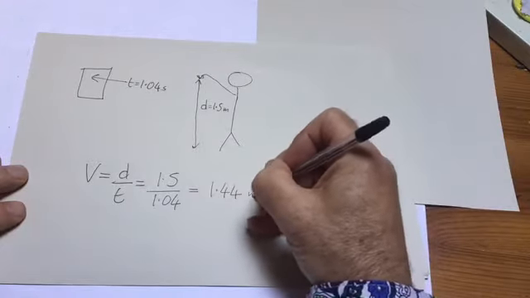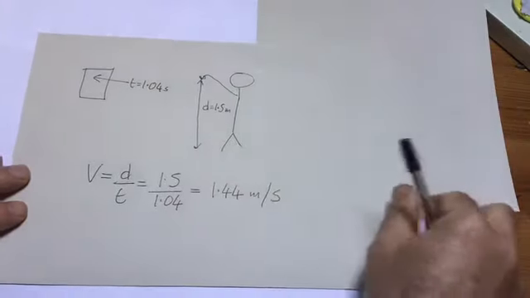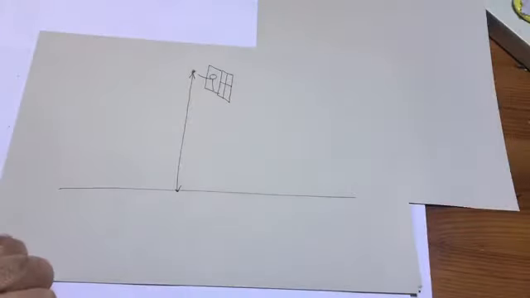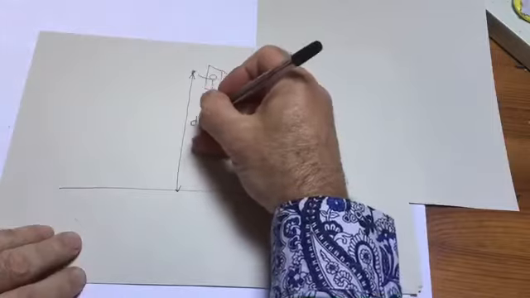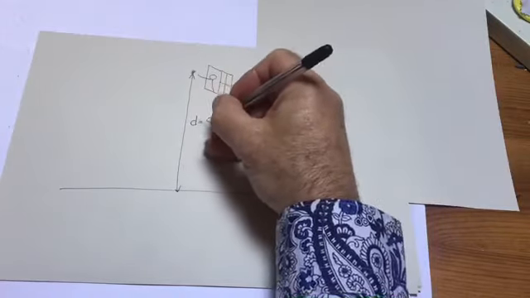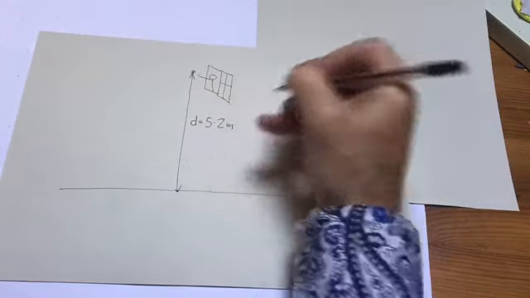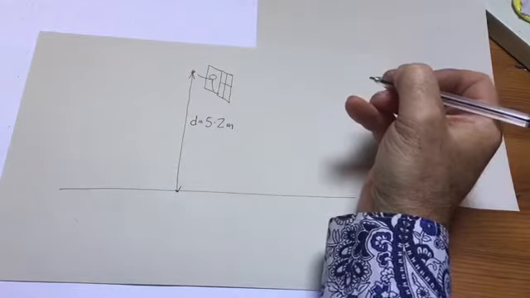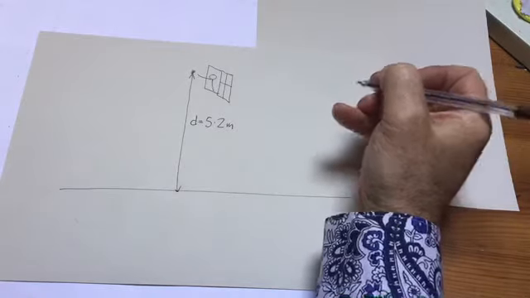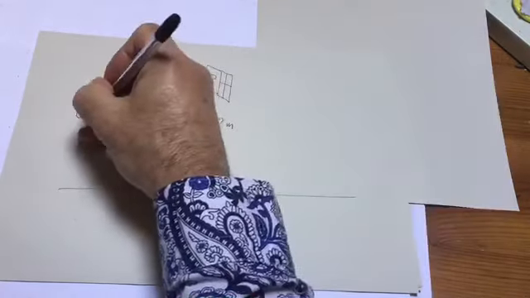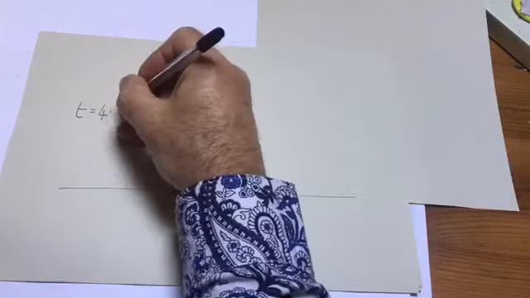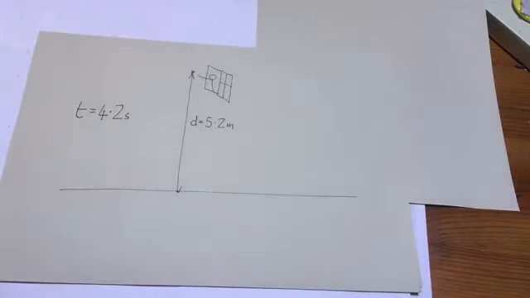1.44 meters per second. However, when I dropped it from the window, the distance was 5.2 meters. I measured it. I've got a very long tape. I've got lots of things. I'm a lucky man. The time, which you can see from the video, is 4.2 seconds.